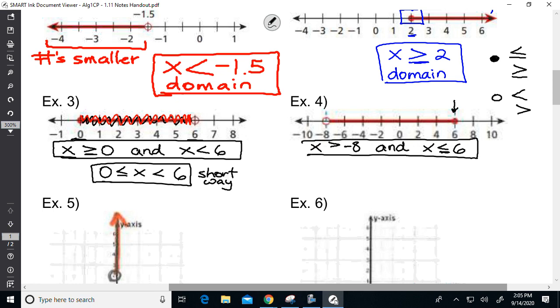So that's your domain. That's the long way to write it. Again, the short way to write it: take a smaller number, larger number, put x in the middle, and then use the appropriate sign.